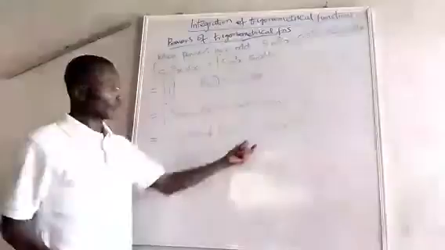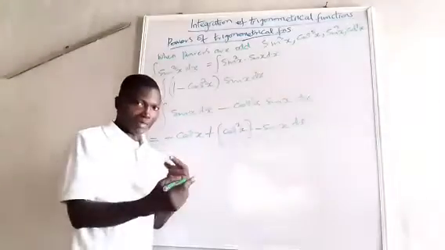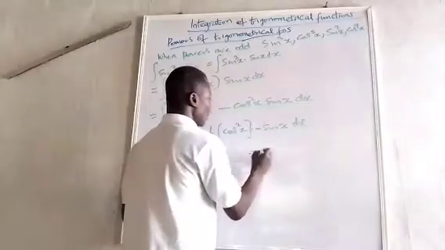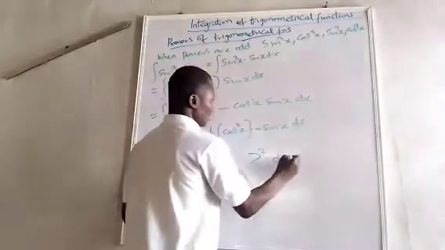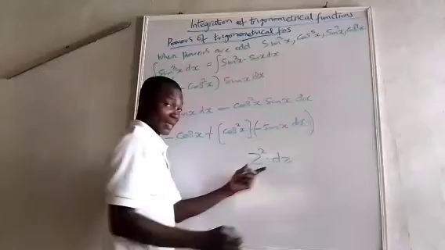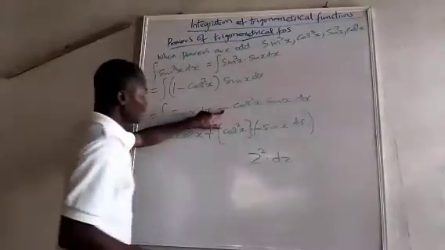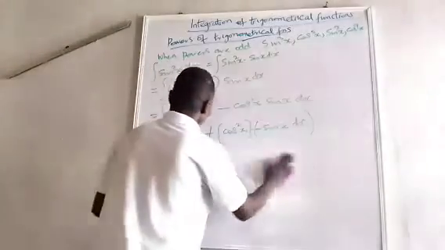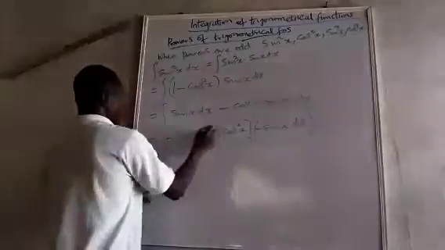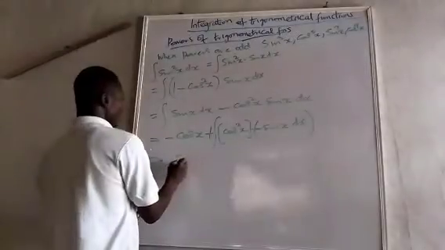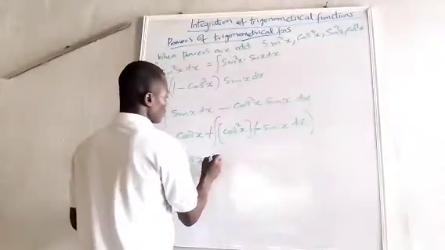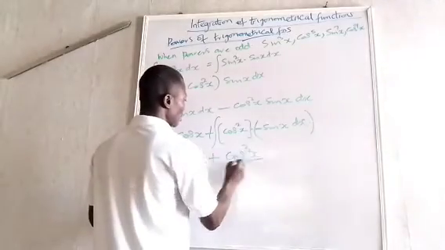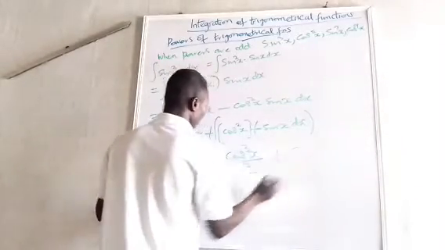So you can see what I did, because if you differentiate cos x, it's going to give you minus sine x. So this one is just going to be like z squared. Minus cos x plus cos cube x over 3 plus c.